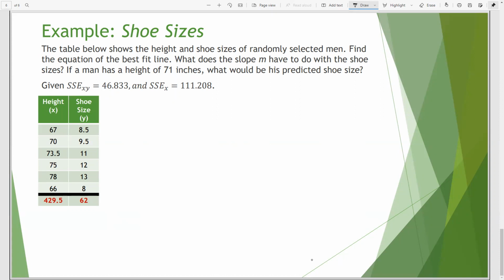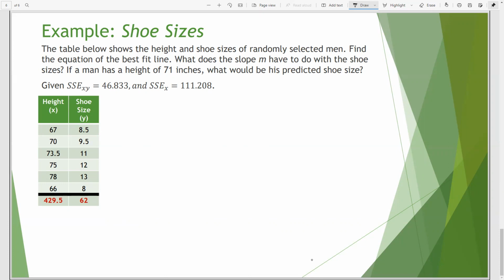Here we are only given a table for men. What do we need to do? Find the equation of the best fit line. What does the slope m have to do with the shoe size? And if a man has a height of 71 inches, what would be his predicted shoe size? So we need to predict the value.